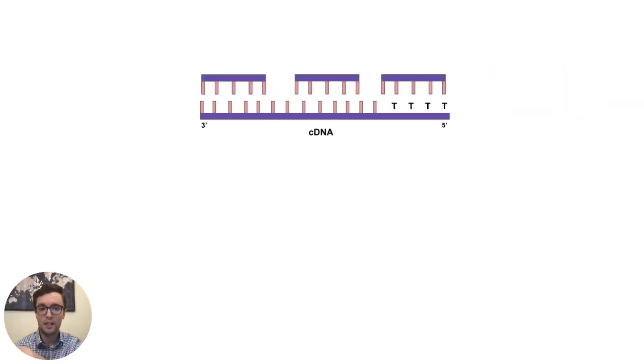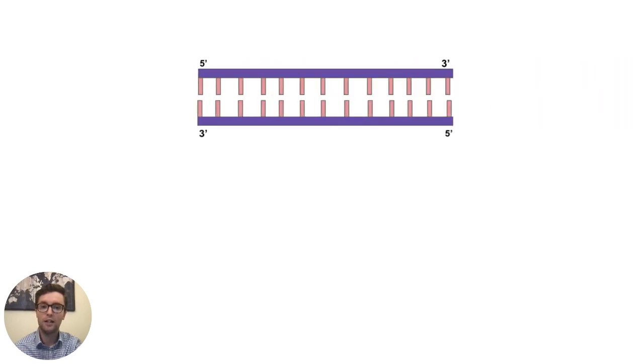Now we've got our cDNA molecule, and we've got a second complementary strand of cDNA as well. But as you can see, there are some gaps. It's not perfectly ligated. So what do we do to fix that? Add another enzyme, DNA ligase. It will run along the strand here and fix those gaps, seal them up together, and then boom, we now have our perfectly complementary double-stranded cDNA.